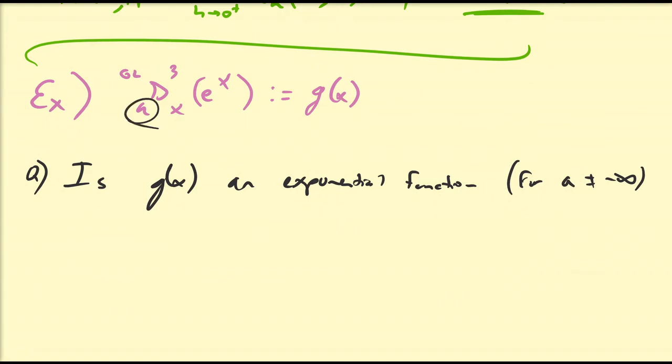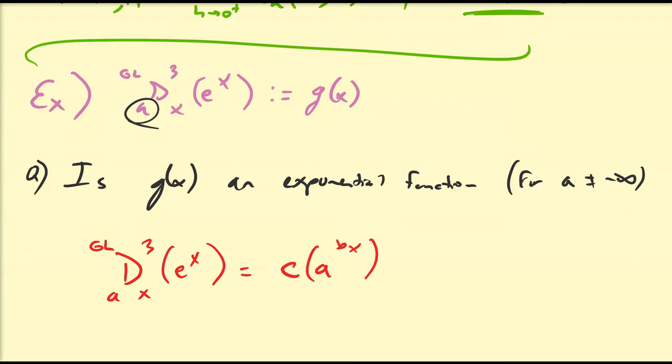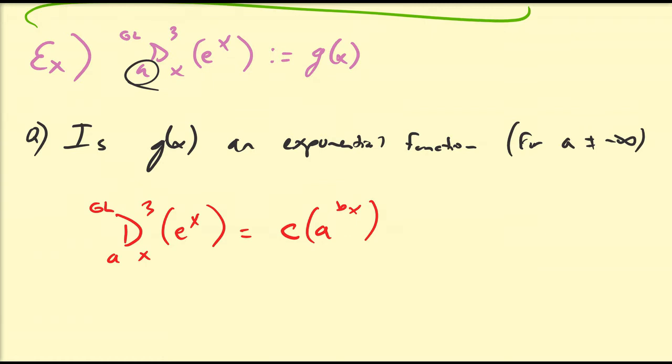Because we already verified that at least for the Riemann-Liouville, which is equivalent to the GL just in the opposite direction, that will generate a truly exponential function with the properties that we want, right? So our question is, does this operator equal something that looks like c times a to the bx, right? Does it have this exponential behavior?